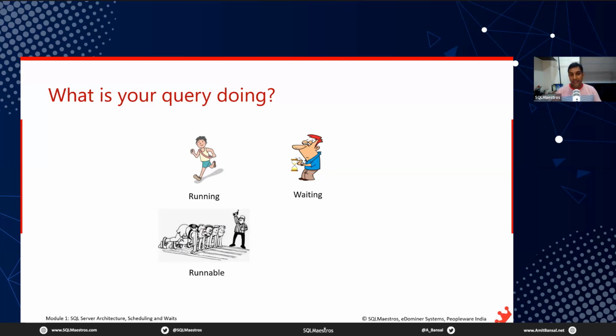Let's say your SQL Server has 32 procs or 64 procs, but hundreds and thousands of users are connected. They all can't run at the same time because at any given point of time, only one thread can run on a processor. So they wait for their turn in a runnable queue. That is the state we call runnable: they have everything that they need, but they have just not got their turn.